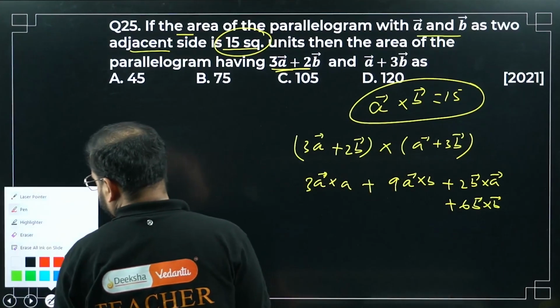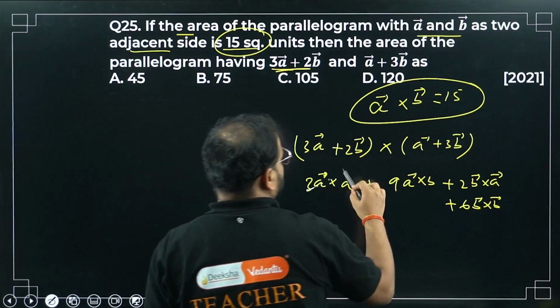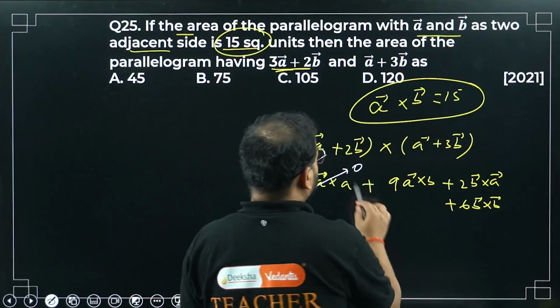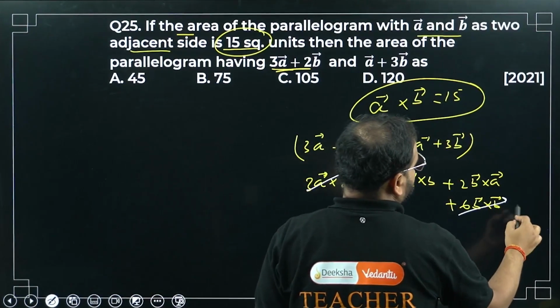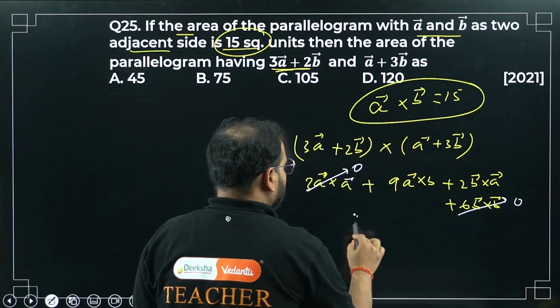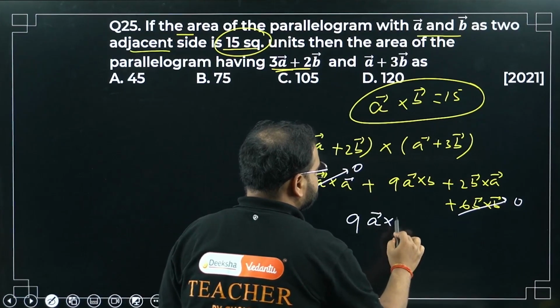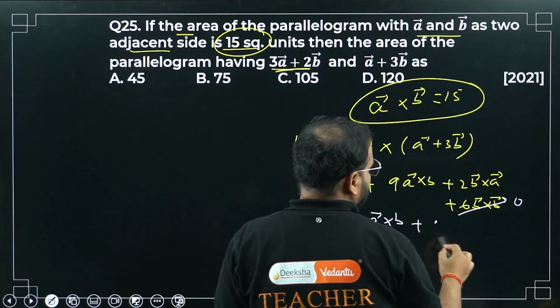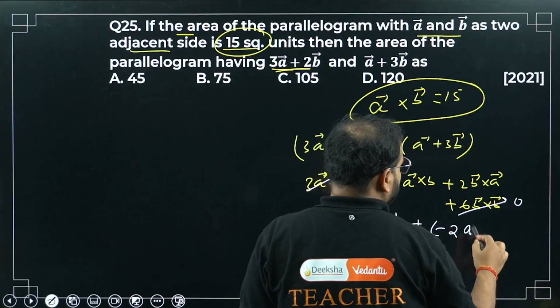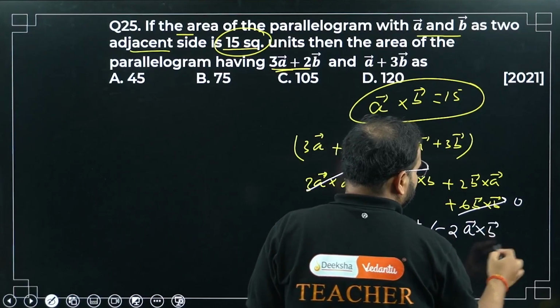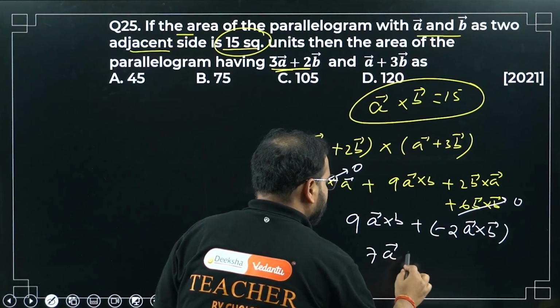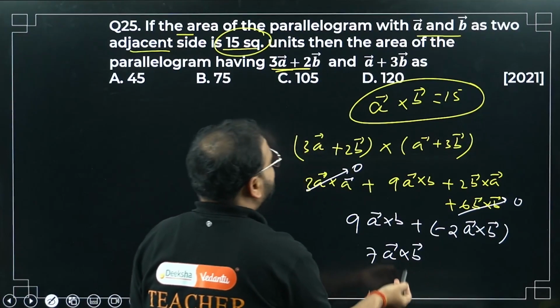Now see the fun. A cross A is 0, sir, because sine 0 is 0. Over here also, B cross B is 0, so this is also gone. 9A cross B is left now, plus 2 B cross A. I can write this as minus 2 times A cross B, since B cross A is minus A cross B. What do I get? 7 times A cross B. What is A cross B given as? 15, sir.